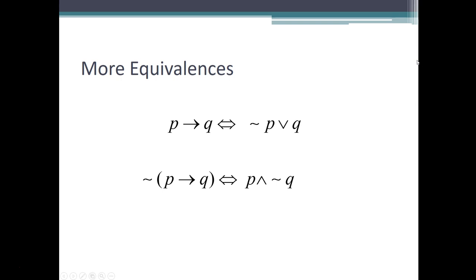Alright, a few more equivalences. These don't have real names per se, unlike De Morgan's laws, but they are equivalences still. If P then Q is logically equivalent to not P or Q. So here's a conditional statement, and it has a disjunction that is a logical equivalence to it.